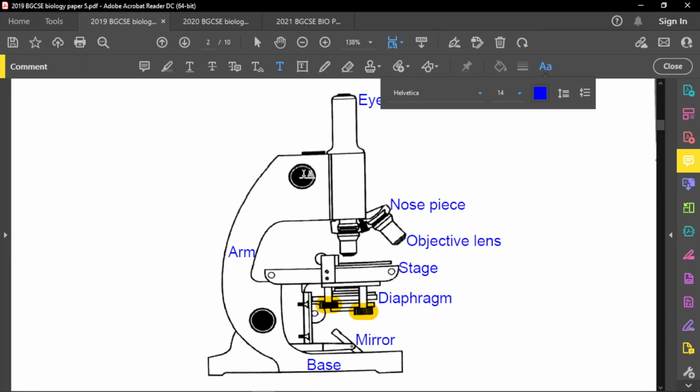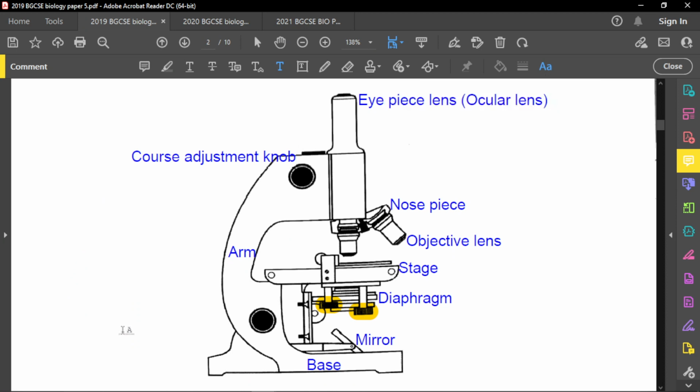Okay, yeah. So this black knob, let me put the name over here, and then I put a line to indicate it. Up top there is the coarse adjustment knob. And then we have the fine adjustment knob at the bottom right here.